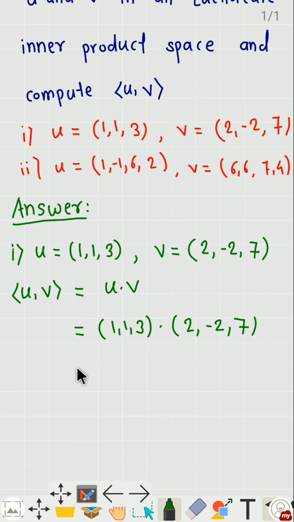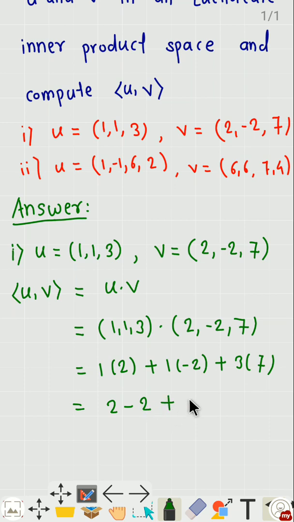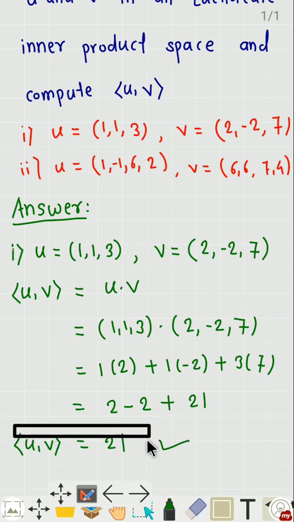We know how to take the dot product: 1 into 2 plus 1 into -2 plus 3 into 7, and it is equal to 2 - 2 + 21, it is equal to 21. So the inner product of vector u with vector v is 21.